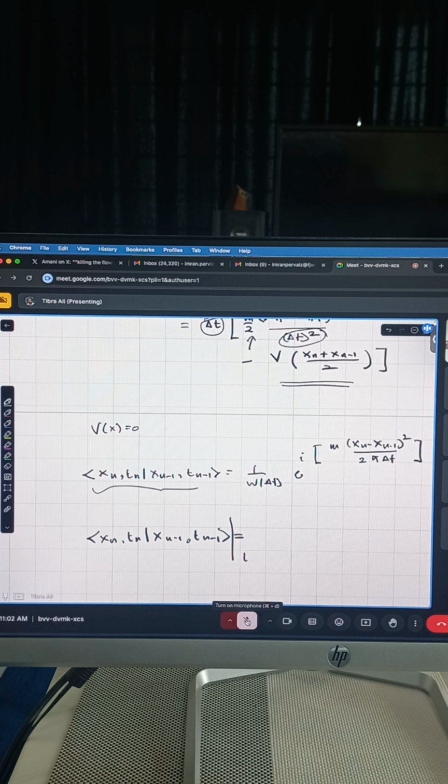So we expect in that limit this thing to be big xn, because then the particle doesn't really move, right? It's at the same point. That to be a delta function. So if I compare these two things, then in the delta t goes to 0 limit, we want this thing to become a delta function.